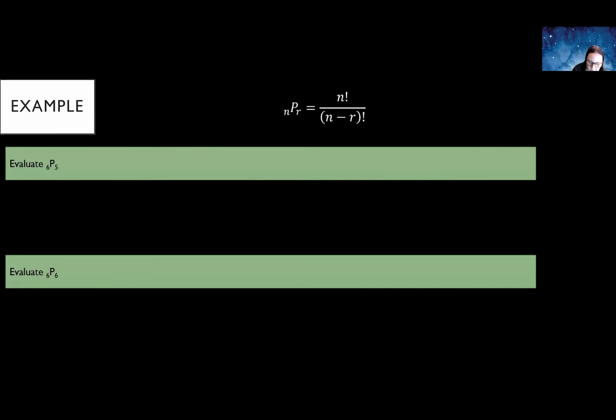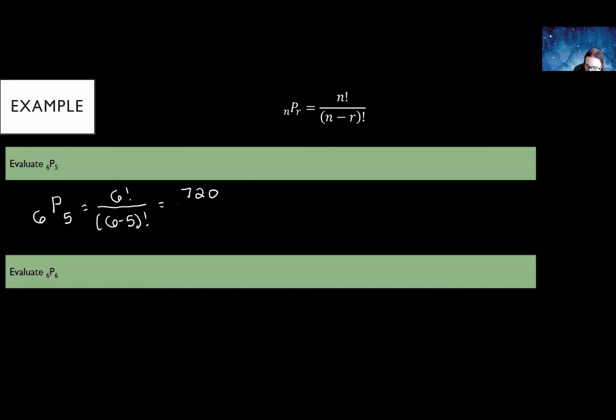So we're just going to practice doing these. 6P5. So it's 6 factorial over 6 minus 5 factorial. So 6 factorial we've done.